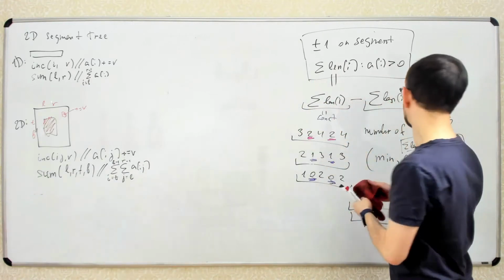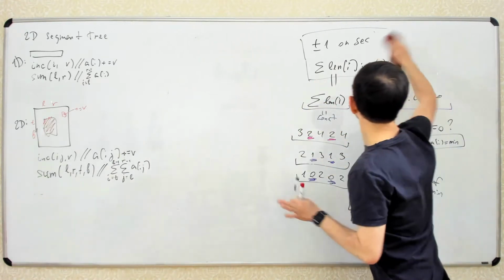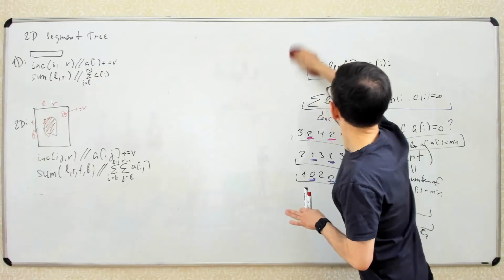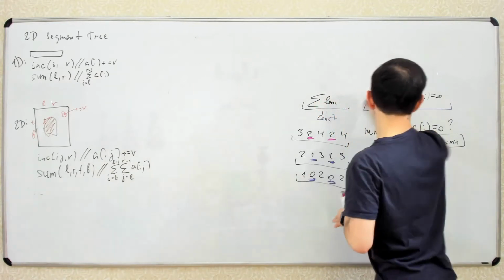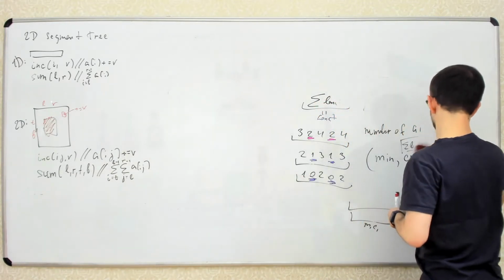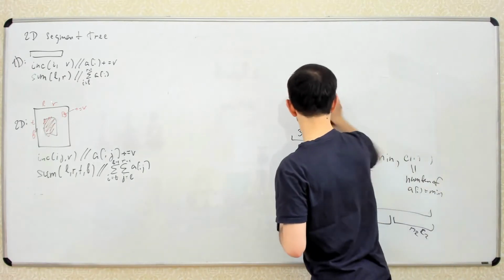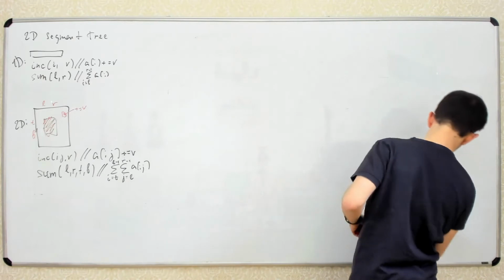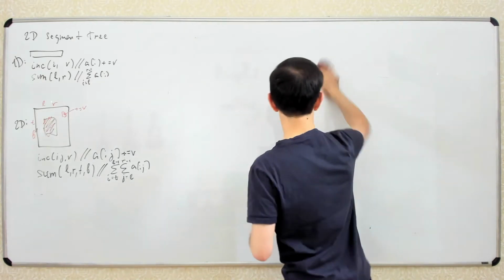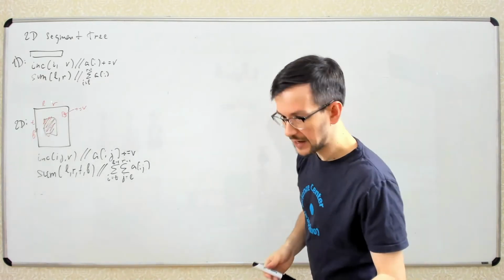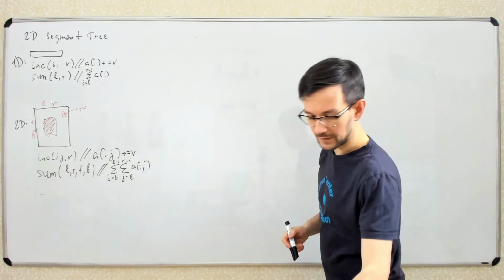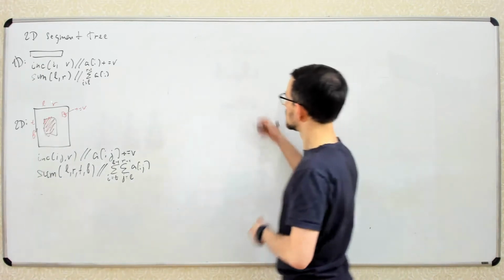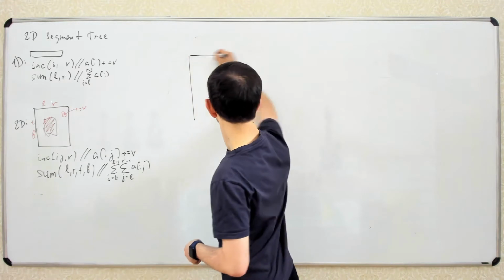Now, how to implement 2-dimensional segment trees? Very simple data structure. Let's have some 2-dimensional array. So let's have like 2-dimensional array 4 by 4.